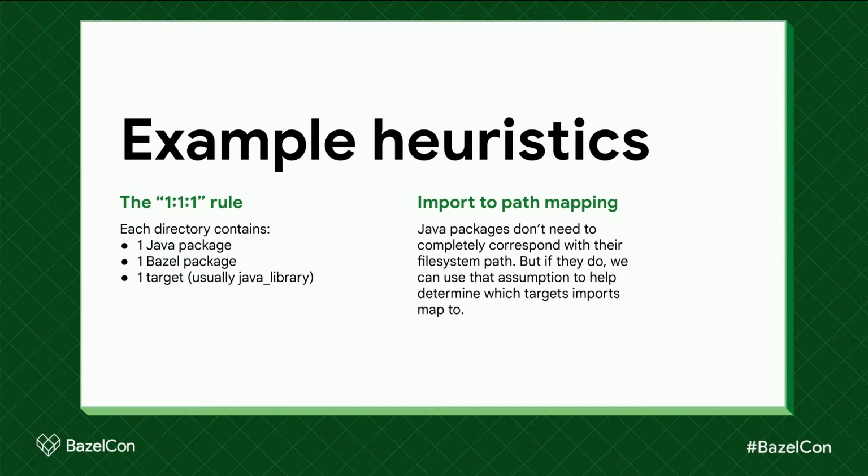One package, one directory, one target. Everything is super simple. That's a really nice heuristic and rule to enforce, because then you can know exactly which rule in a package is responsible for building anything.